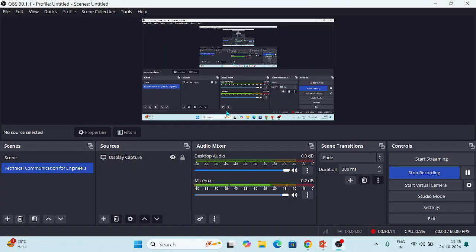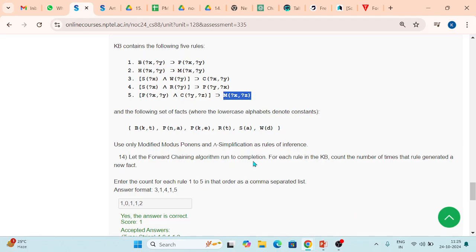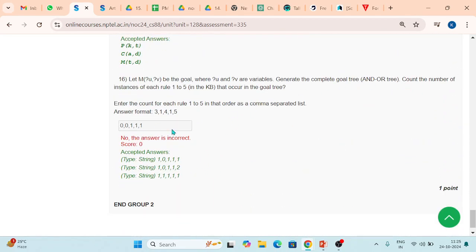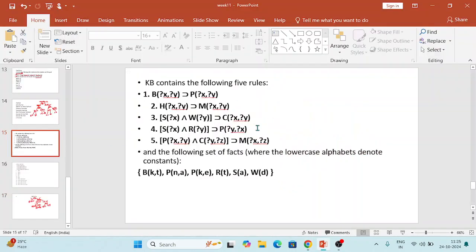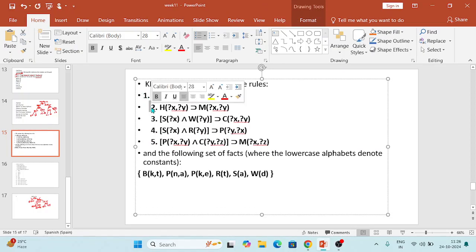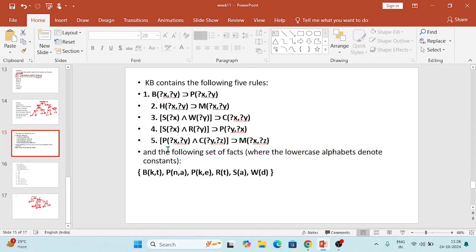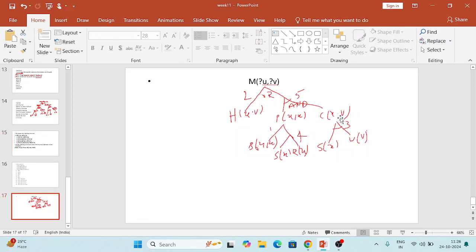If they ask us to use the tree, then follow this tree. M we can get by using either rule 5 or rule 2. Rule 5 again gives two sub goals, P and C, and that's why you wrote P and C, and rule 5 we applied.